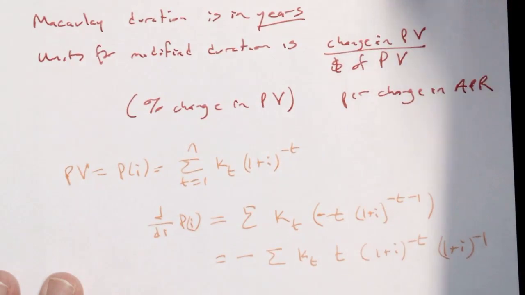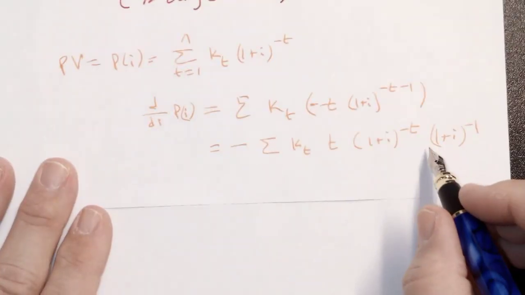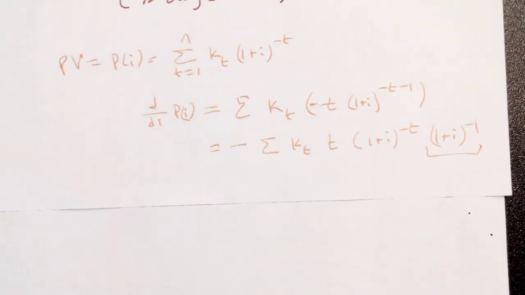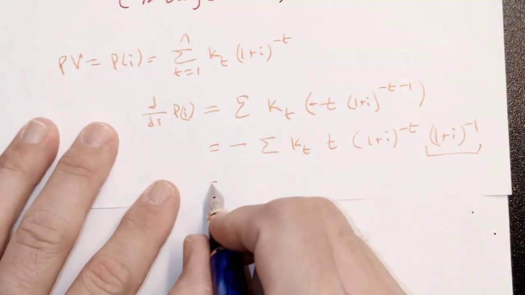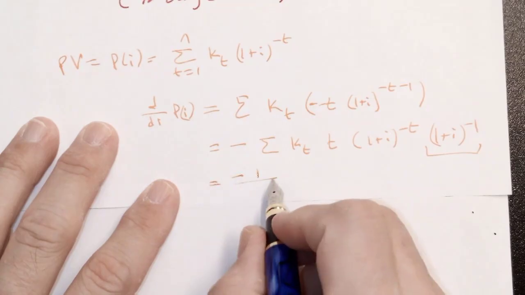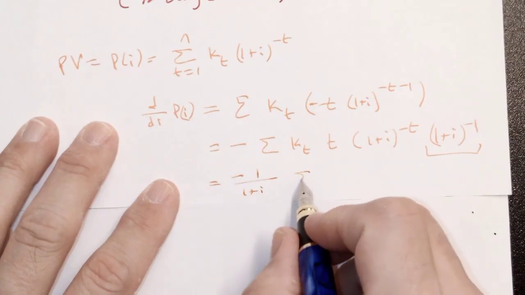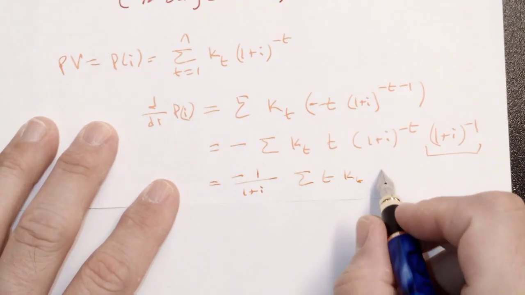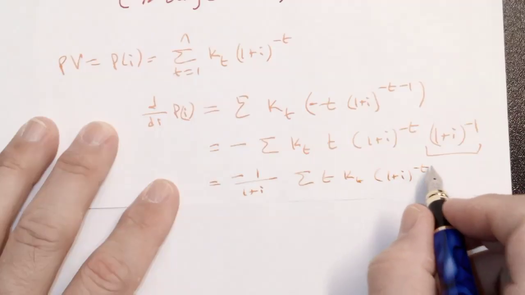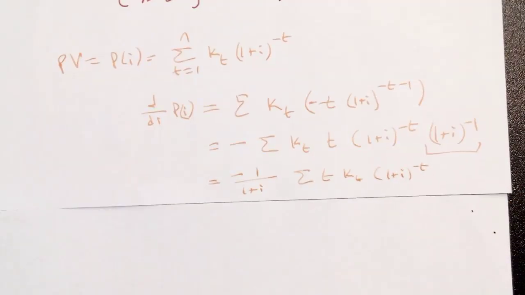I'm going to take this number, which is a constant, and put it out front. That summation looks awfully familiar, doesn't it?